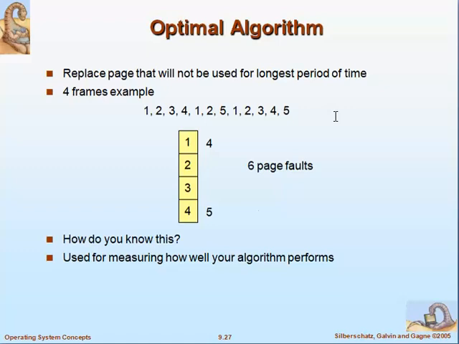So that is the reason it is not possible to implement this particular algorithm. It is used for measuring how well your algorithm performs. So we can use it for the evaluation of the other algorithms with this as a benchmark.